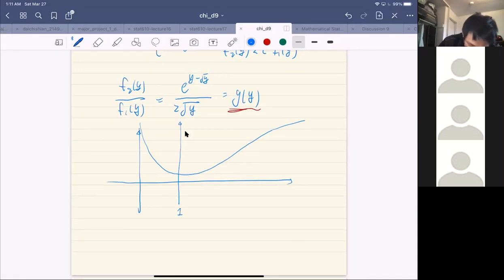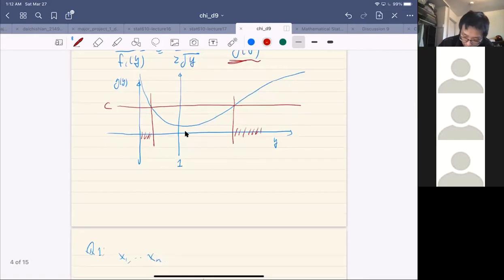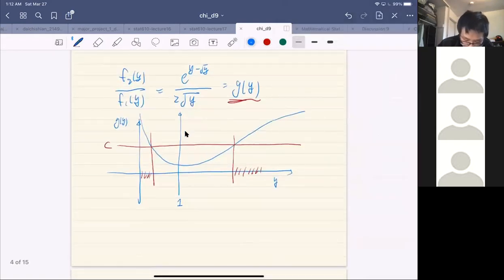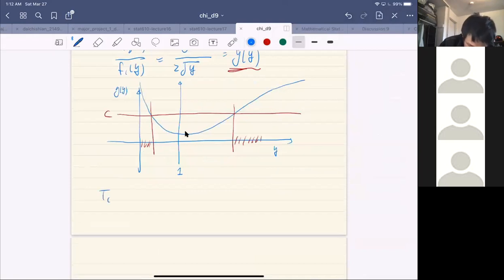So this is g(y). If this is a convex function, then we can have a pair of cut points C. Then the rejection region will be here and here.